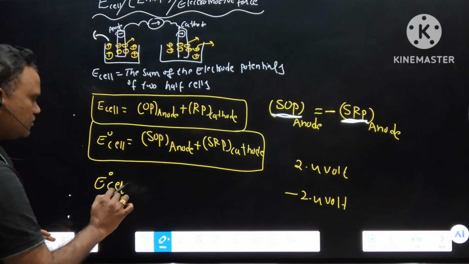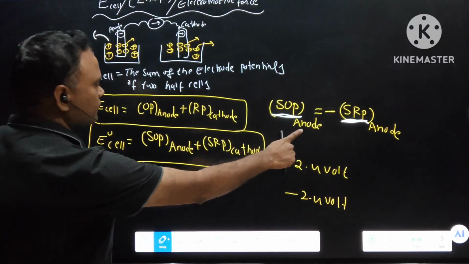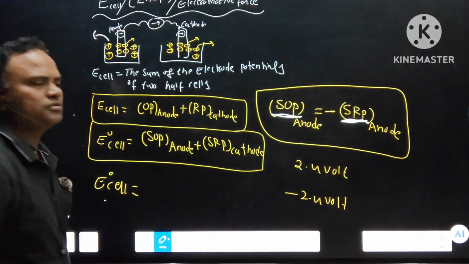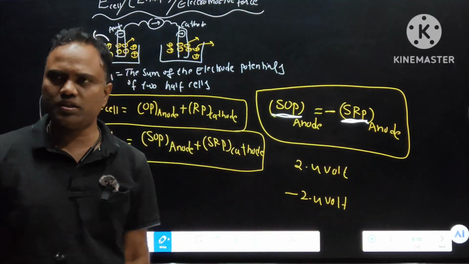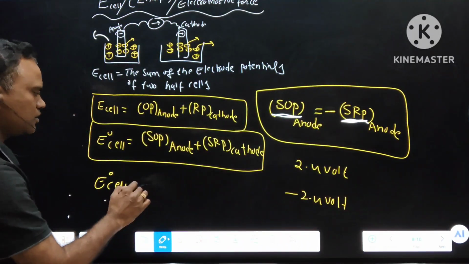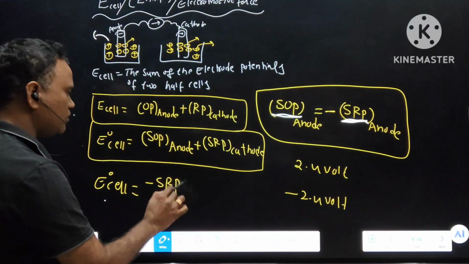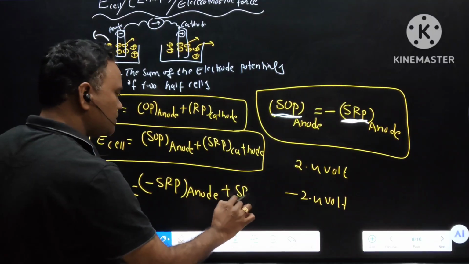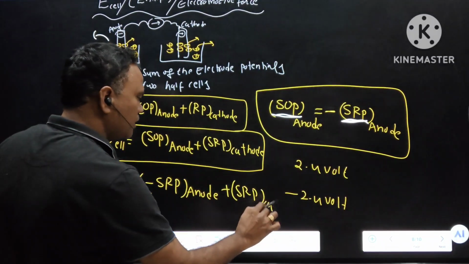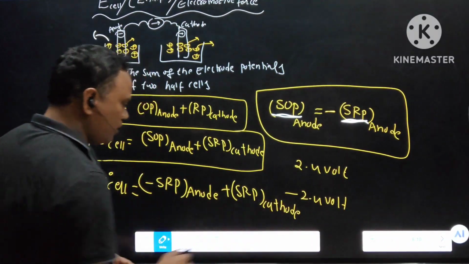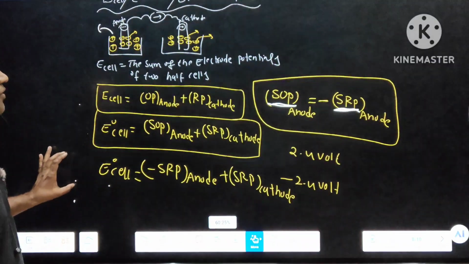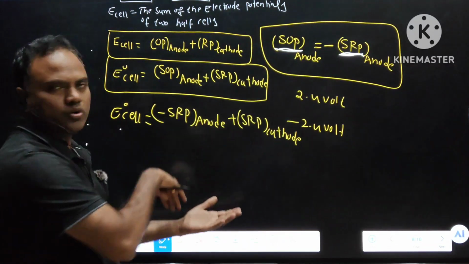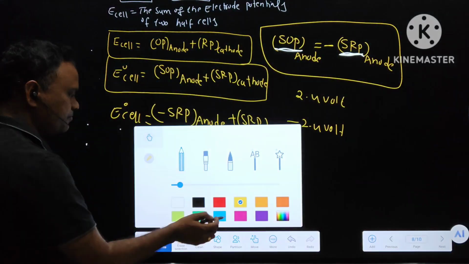E naught cell is equal to SOP of the anode, which is equal to minus SRP of the anode, plus SRP of the cathode. This is the important formula. Very important. Now let us rewrite this: write the positive first and the negative last.